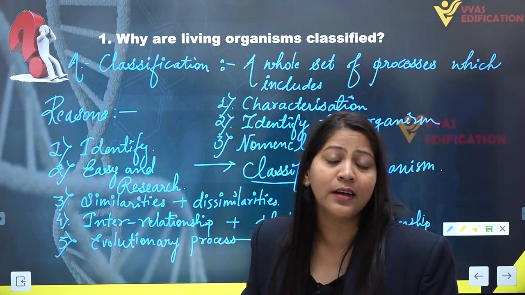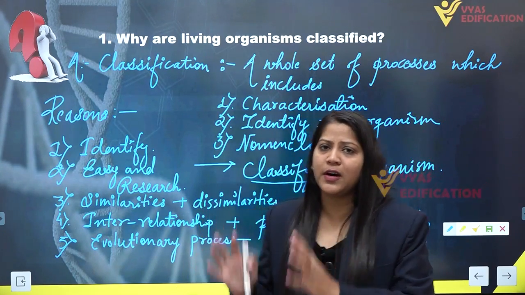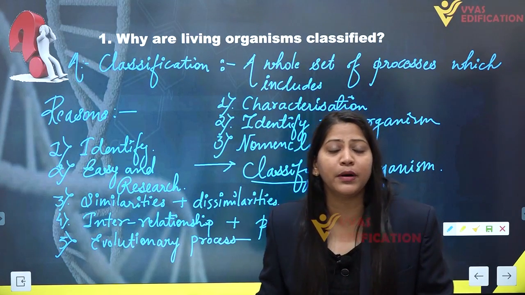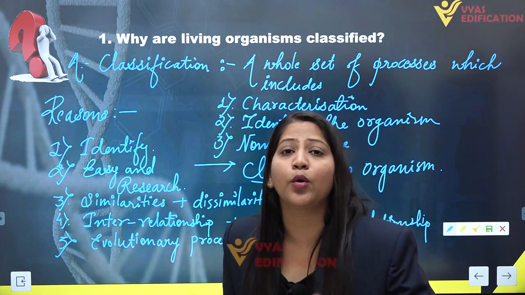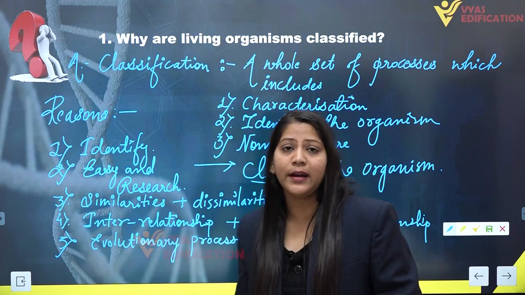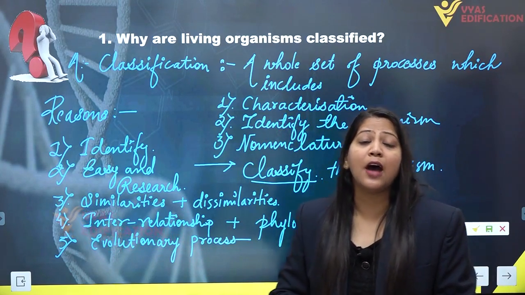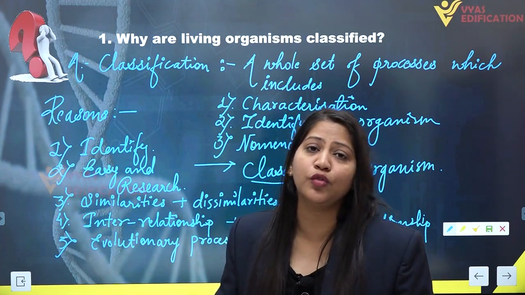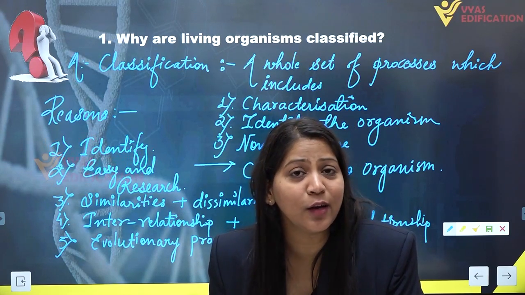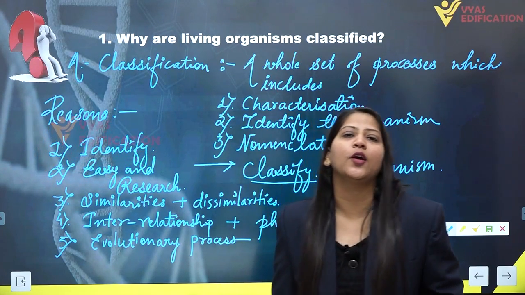As we know, during evolution the first organisms were very simple, prokaryotic and unicellular. And today we have the most complex, most advanced organisms, multicellular and eukaryotic.